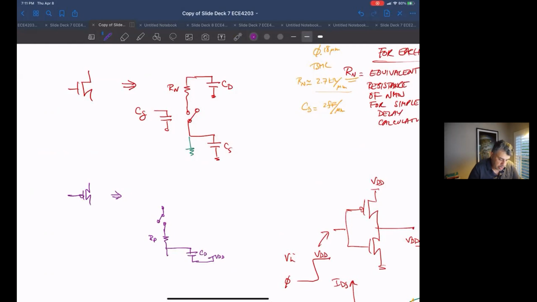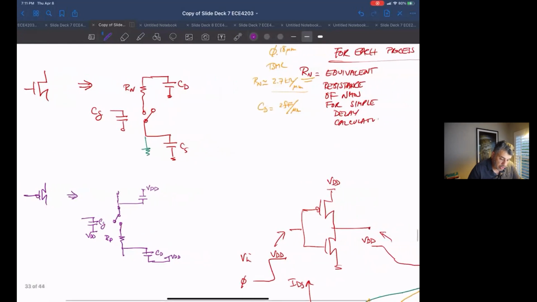So we can just pretend like those all end up in parallel, as we'll see. And the source is also hooked up to VDD. Okay, and the gate is also to VDD. Okay, so similar model for the PMOS.